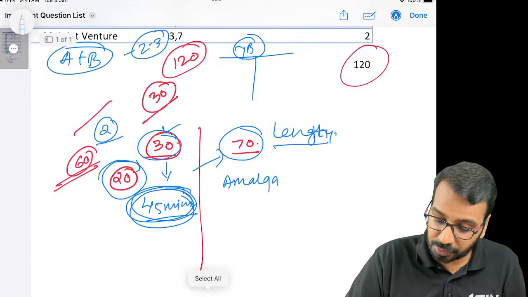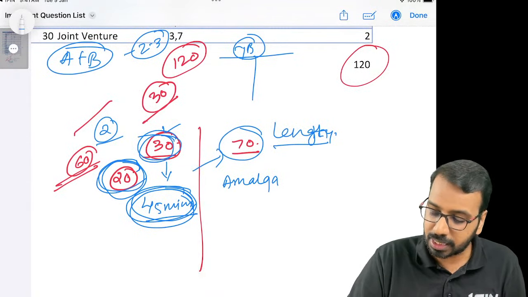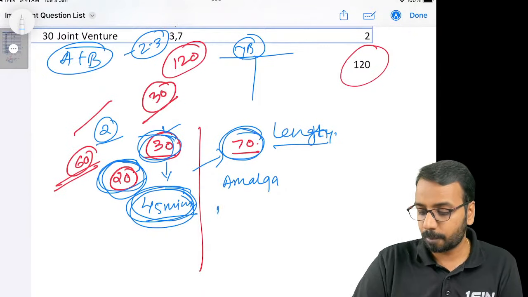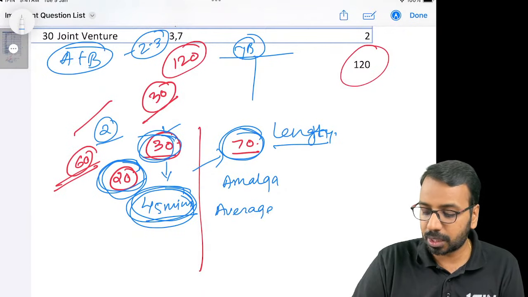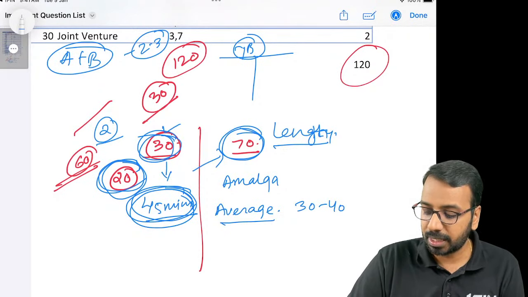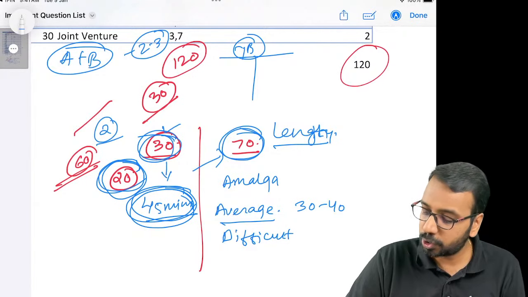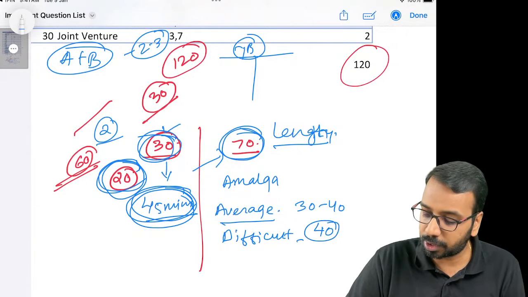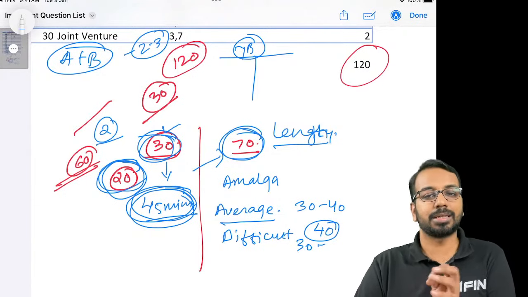Now here we said 20 marks we should target from this, and in the remaining 70 marks there are average questions roughly which comes for about 30 to 40 marks. Then difficult questions, it would be about 30 to 40 marks. That I can put it as a breakup.